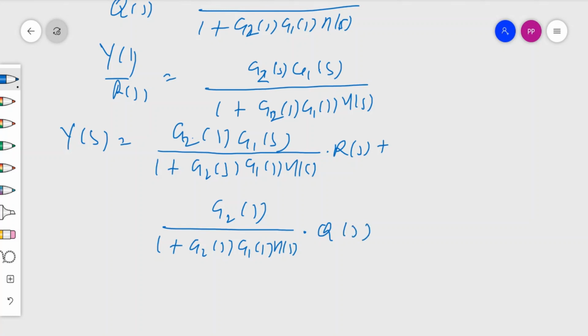So here comes the situation. We already understand that this is a case of 2 input 1 output.